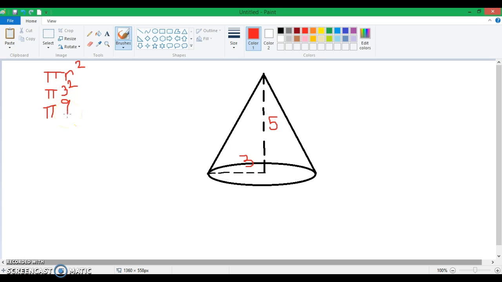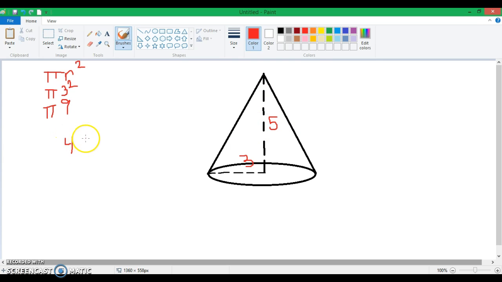And to keep the value of the volume exact, we're not going to multiply 9 by 3.14, but we're going to keep the pi in there to get a more exact value. Alright, so now we're going to take 9 and multiply it by the height, which is 5. 9 times 5 is 45.